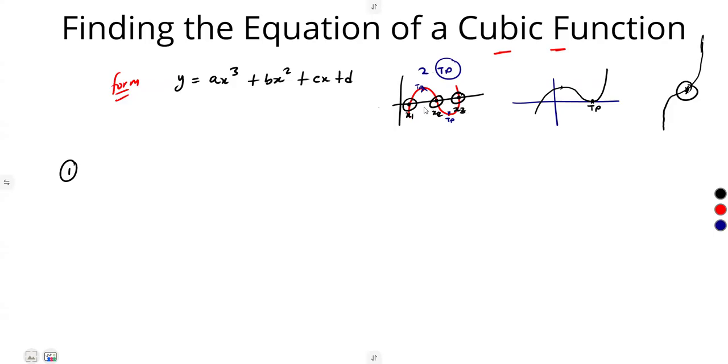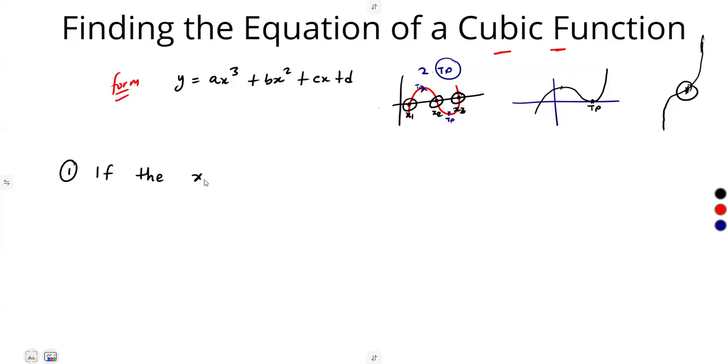So given the x-intercepts, and there is a turning point in the function that you're given, here I'm not referring to a condition where you must always be given the turning point. No, they can give us any other point. But what is important is that you have the three x-intercepts.